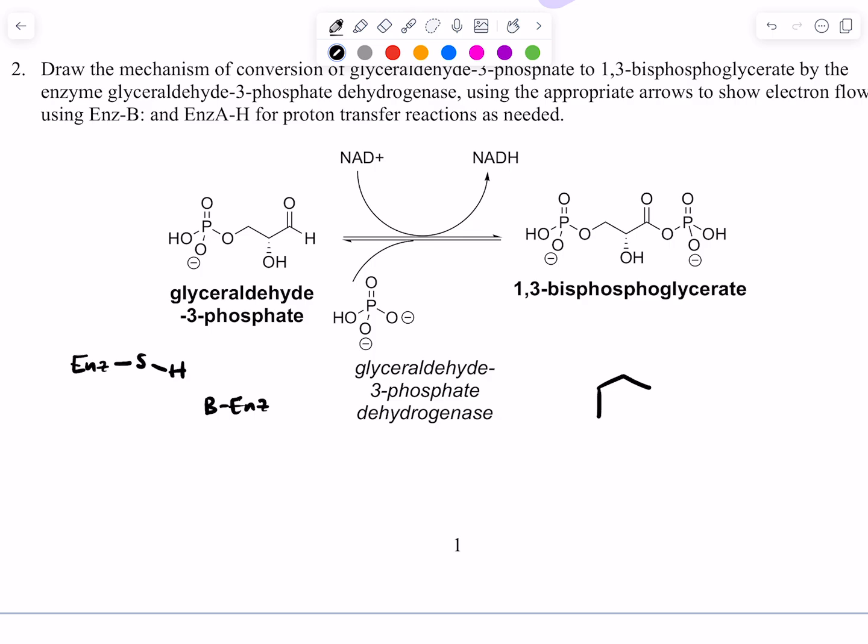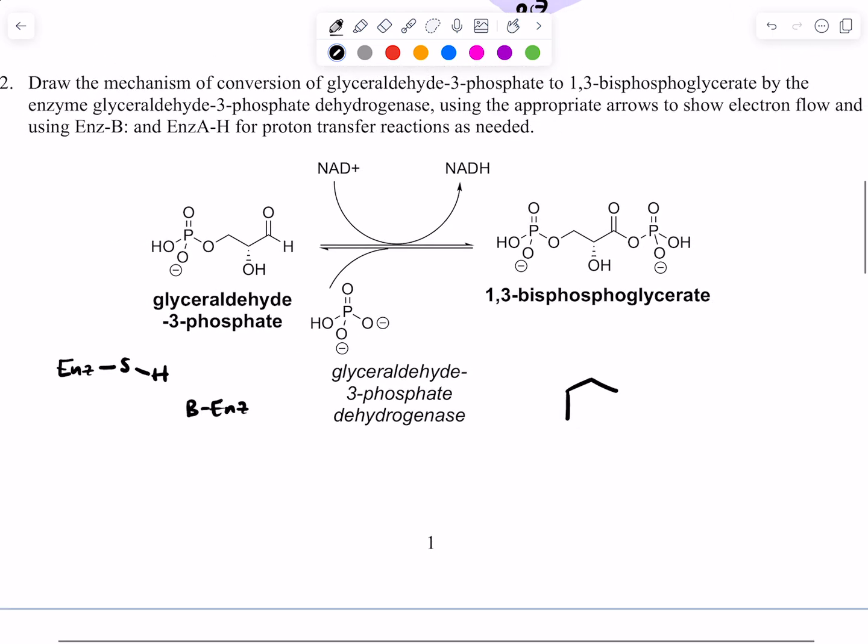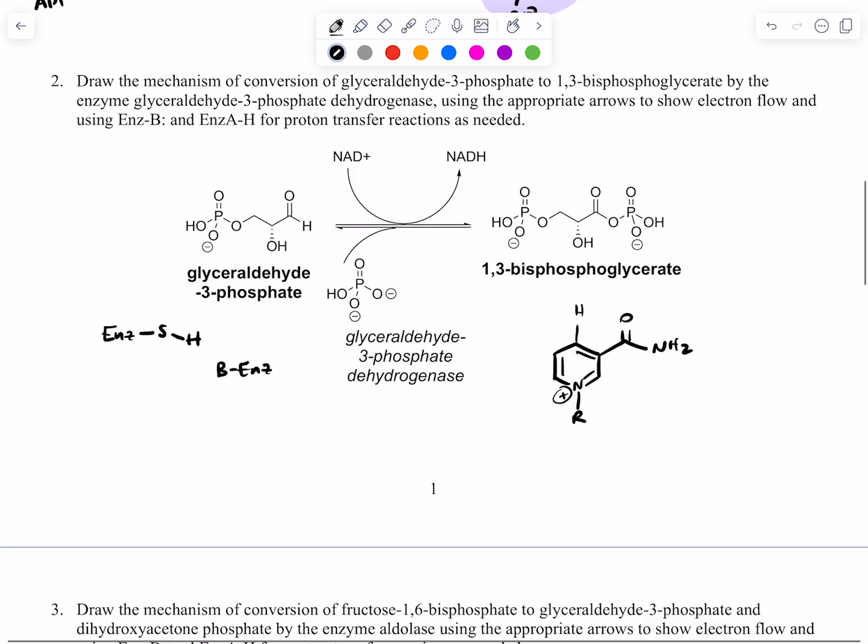You will not have to memorize the structure of NAD+. If you needed it, it would be given to you. This is the structure of NAD+. And then if you want, I'll draw you a resonance structure that really gives you a hint as to what's got to happen here.